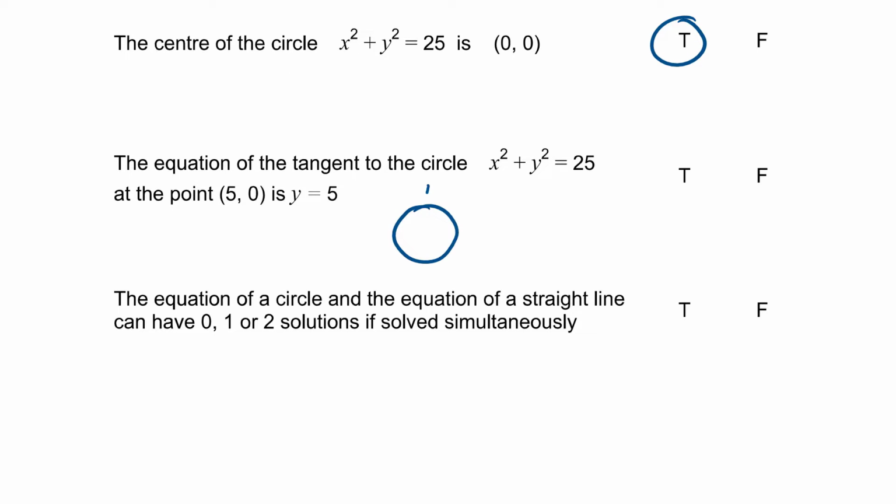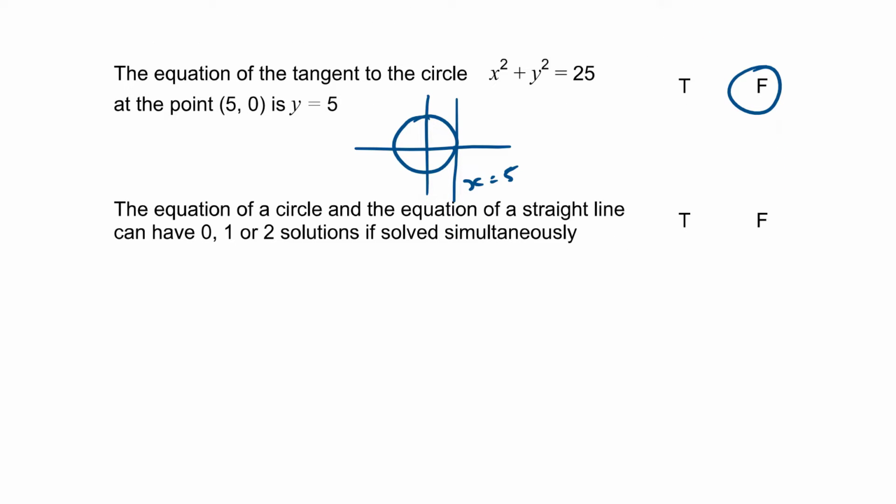If I've got a circle centered on the origin and its radius is 5, because it's the square root of 25, then at the point 5, 0 the tangent looks like that. Is that the line y equals 5? No. That is the line x equals 5. So that is false.